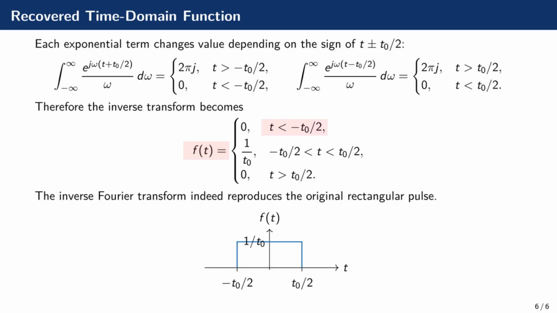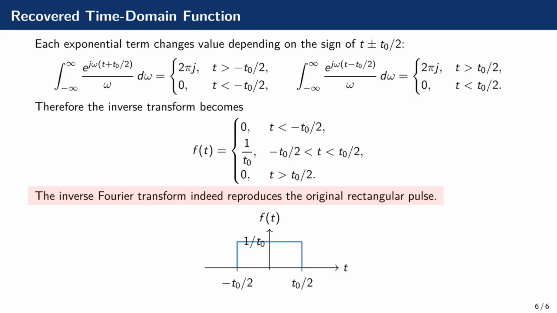If t is less than minus t0 over 2, both terms are 0, so the result is 0. If t lies between minus t0 over 2 and plus t0 over 2, the first term gives 2 pi j, while the second term gives 0. The result becomes 1 over t0. And if t is greater than plus t0 over 2, both terms give 2 pi j, so they cancel each other, and the result is again 0.